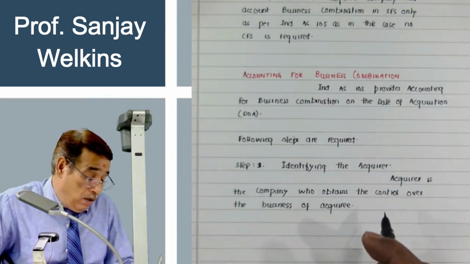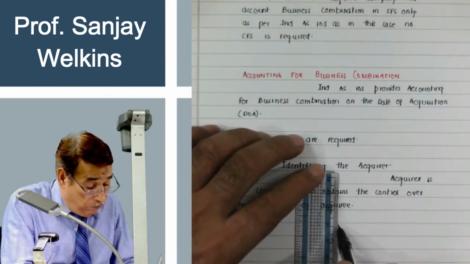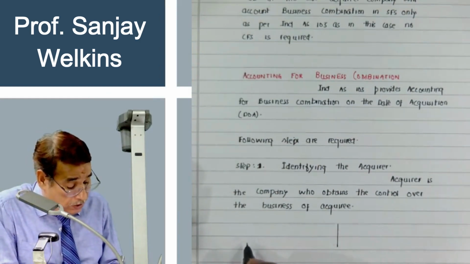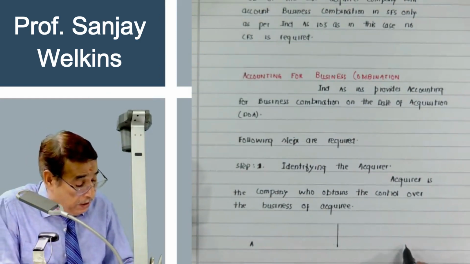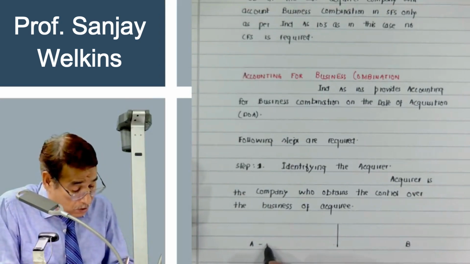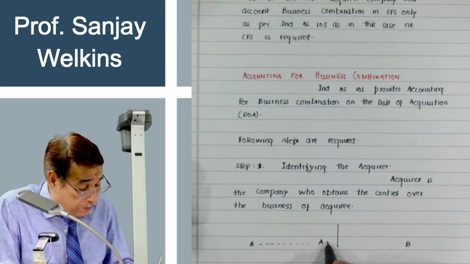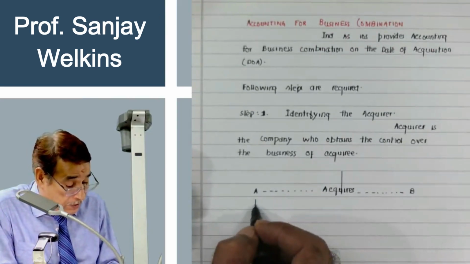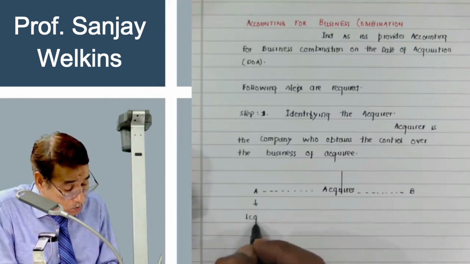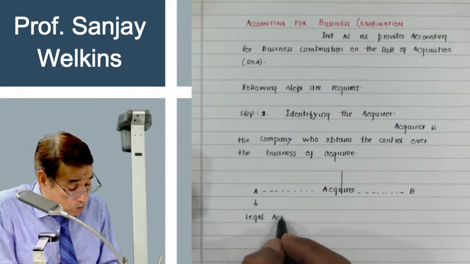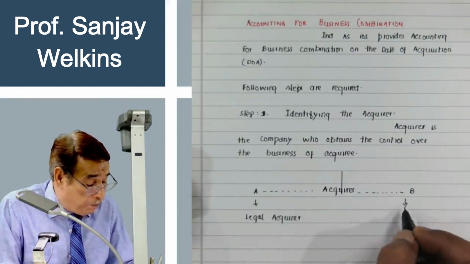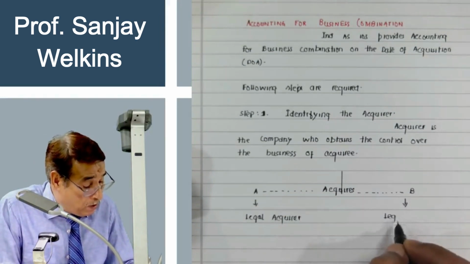So suppose in this case company A acquires company B. As I told you, company A will be considered as the legal acquirer, and company B will be considered as the legal acquiree.